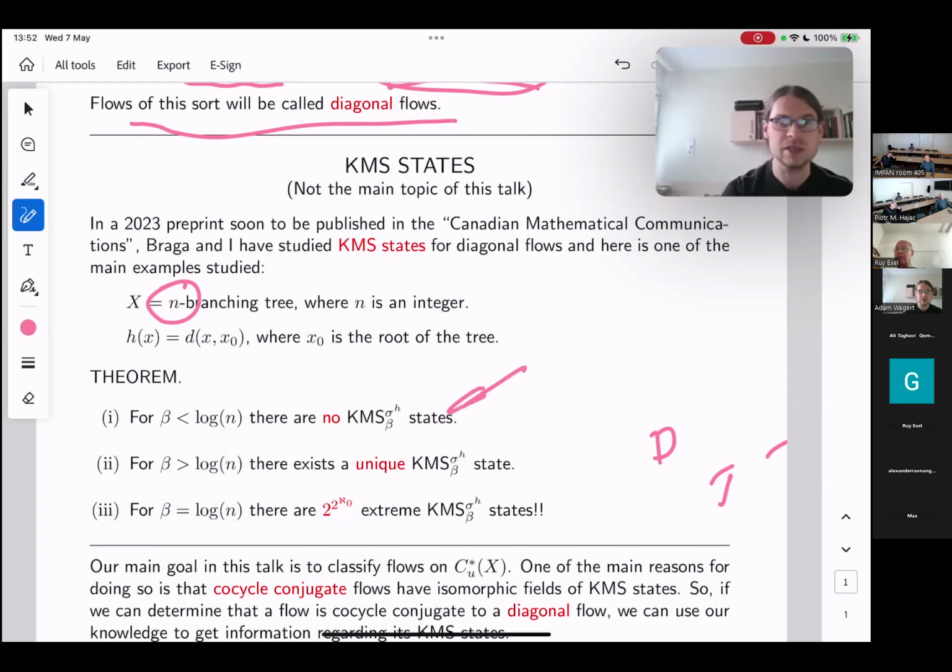So the system has no stability when it's hot. Now, when it's cold, it has only one KMS state, and as you start heating up the system, this stability point then suddenly branches into this incredible number of states.